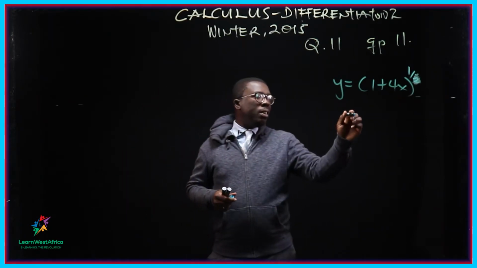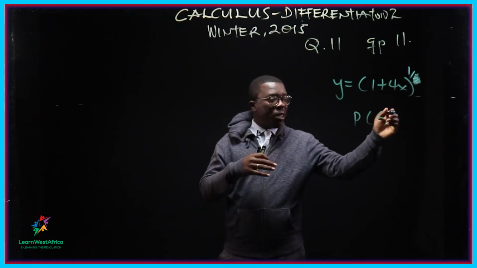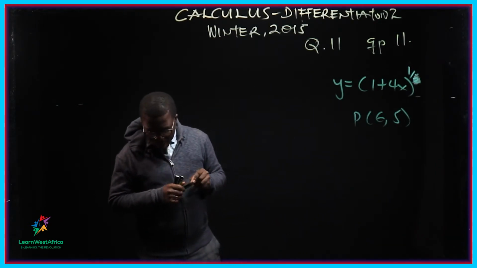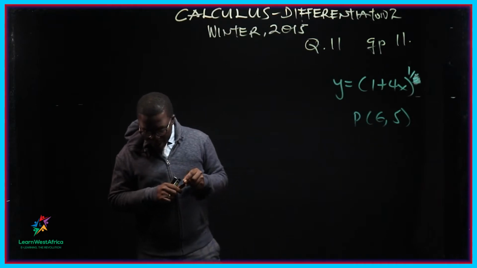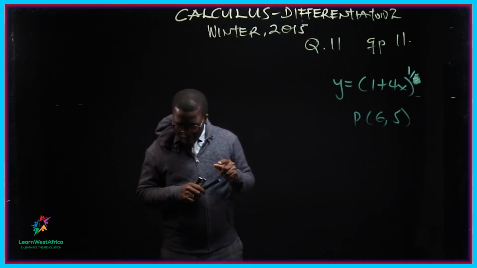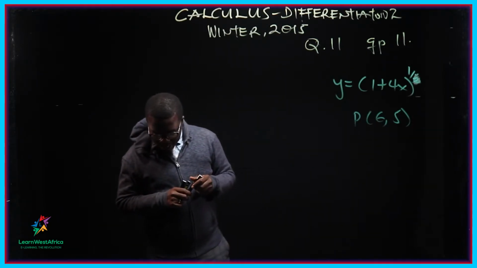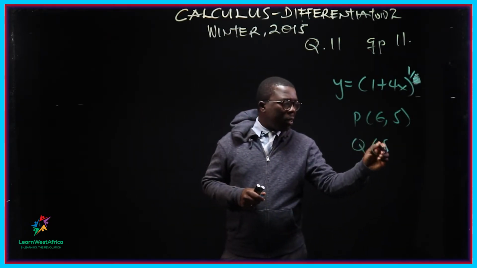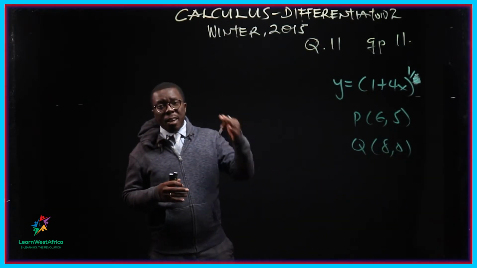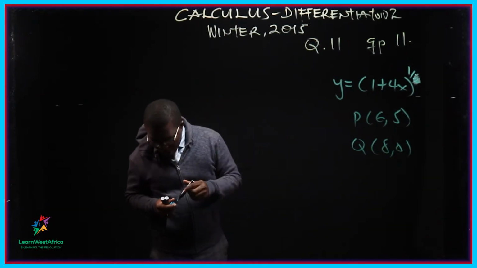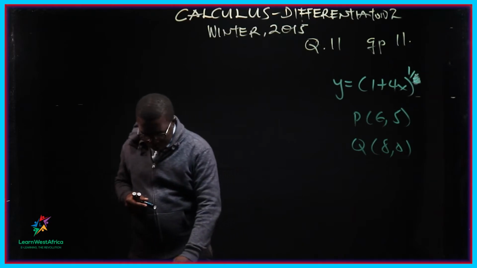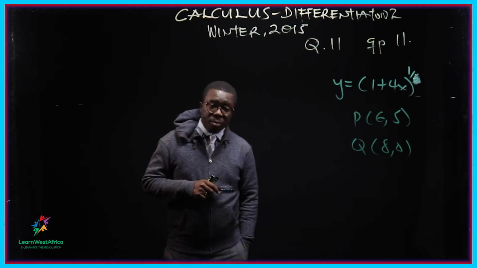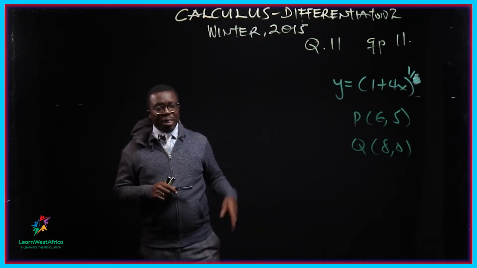The line PQ intersects the x-axis at Q, and we are given Q as (8, 0). The question says we should show that PQ is a normal to the curve.